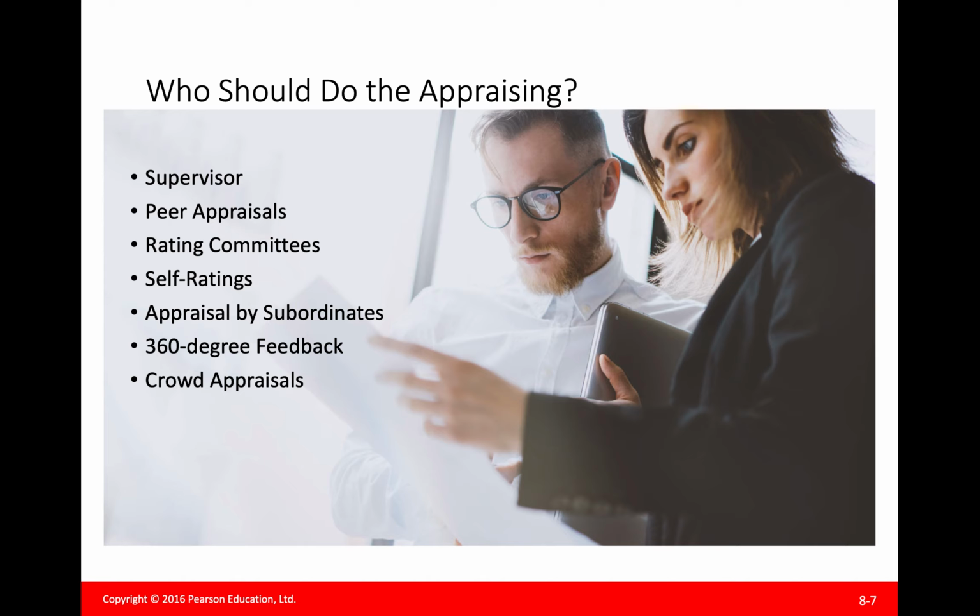We don't want the manager to know who did the rating. On the other hand, the supervisor actually prefers to know who gives them the comment or feedback. Are you clear about this point? So anonymity is opposite for employees and for supervisors in the approach of appraisal by subordinates. Clear about this?